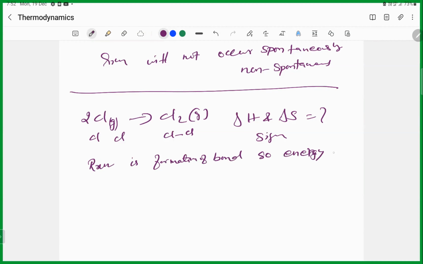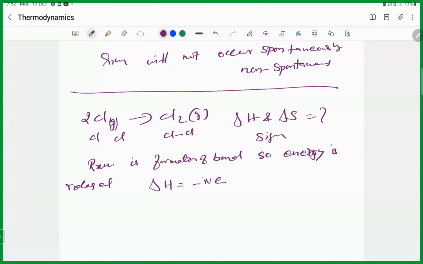Release. So energy is released. So when the energy is released, delta H is negative. Okay. And then you are taking 2 moles of atom and 1 mole of molecule is formed.